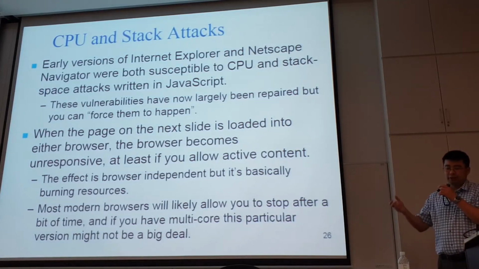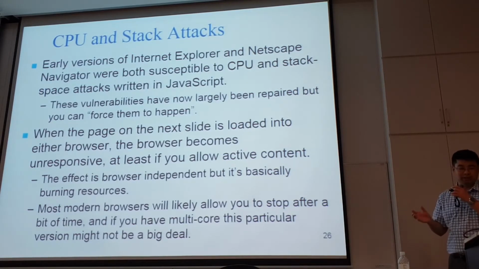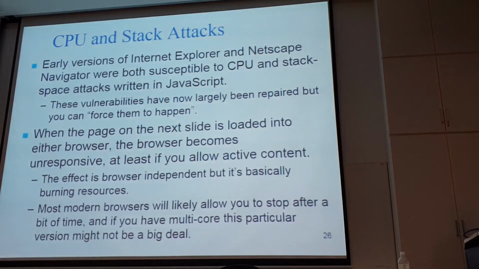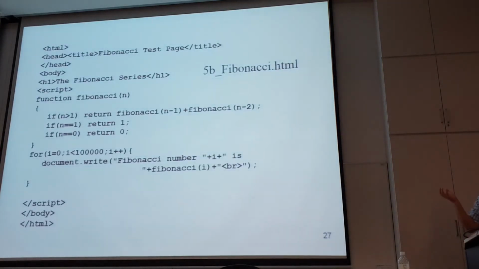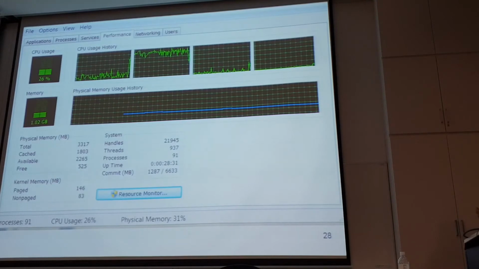So if you have a recursive function, you will create many stacks inside the memory. If you run this Fibonacci sequence, this is a recursive function, because the function will call itself. In this case, it will burn the resources of the machine. So this is what happens when you run this program.